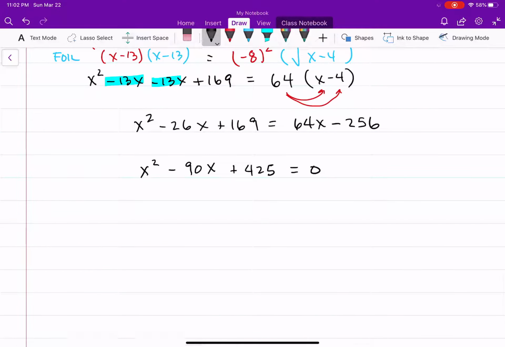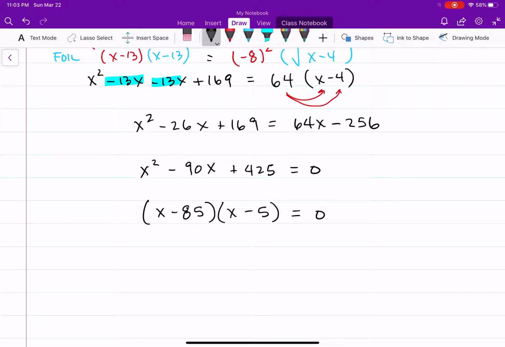So you got a couple of choices. Right now, you're going to be using just factoring because you haven't gone through completing the squares or the quadratic formula yet. So you actually have to factor this via AC method. And when you factor this via AC method, what you're going to get is x minus 85 times x minus 5 equals 0, right?